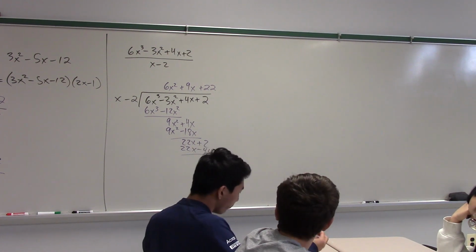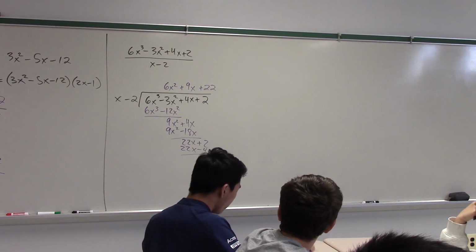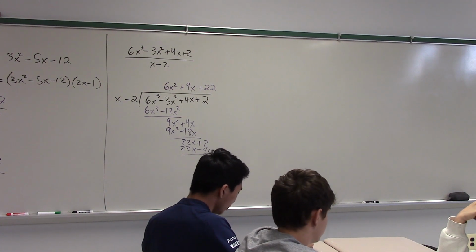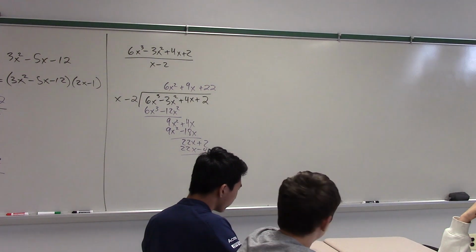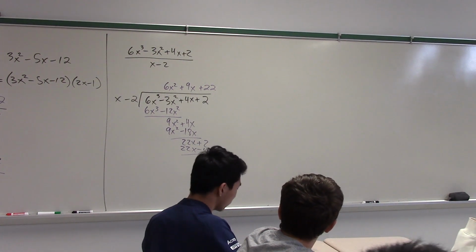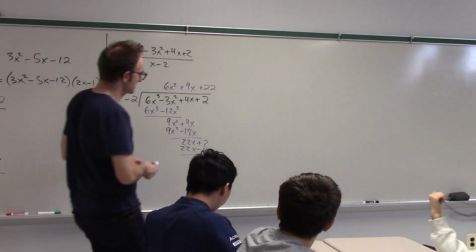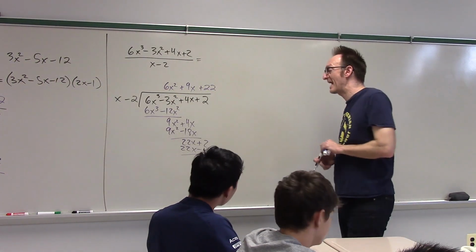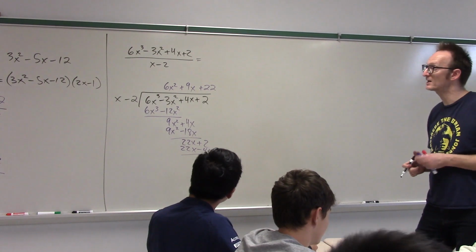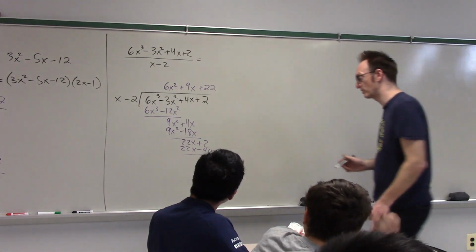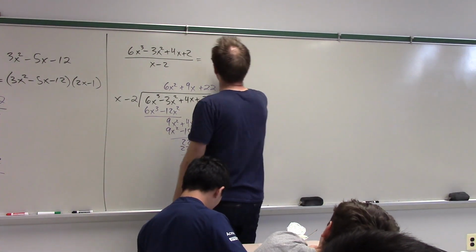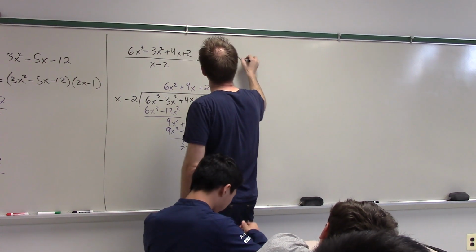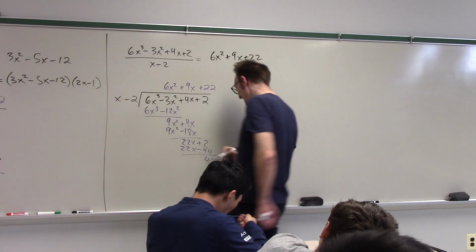Yeah. So we have some kind of remainder. First of all, did everyone get the same thing as me? Okay, good. So what does this mean? Well, this means that I tried to divide this cubic by x minus 2, and I got this quadratic, but there was some leftover.